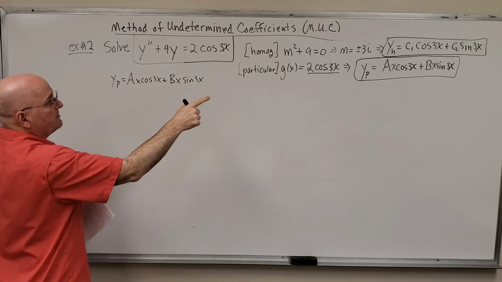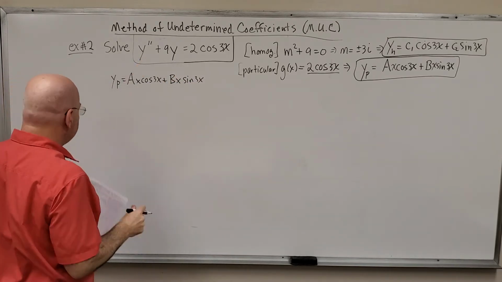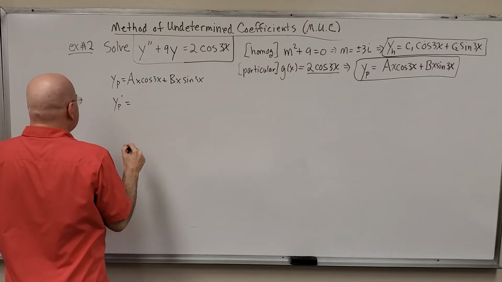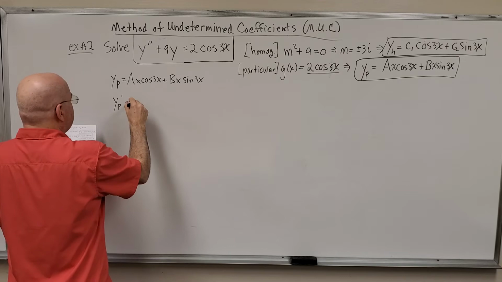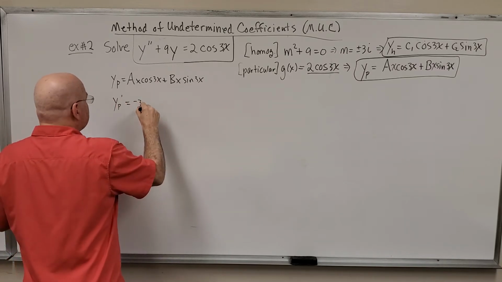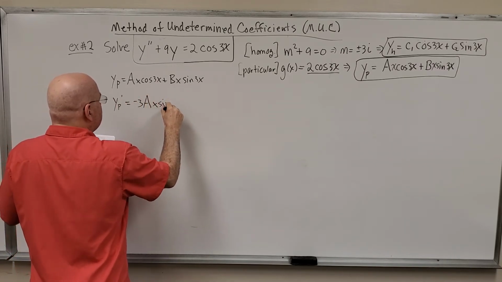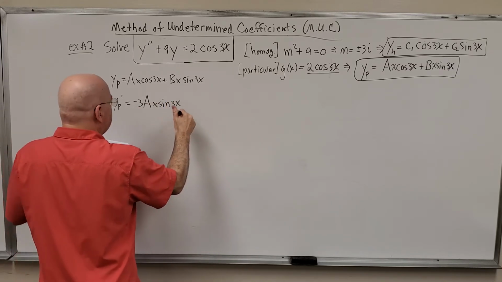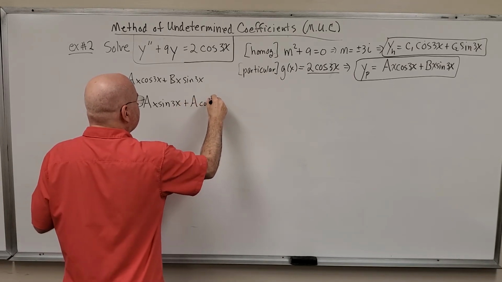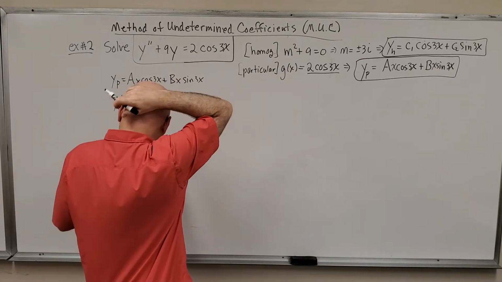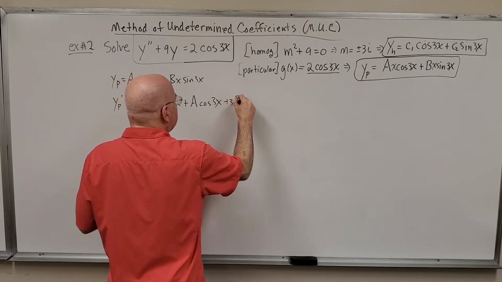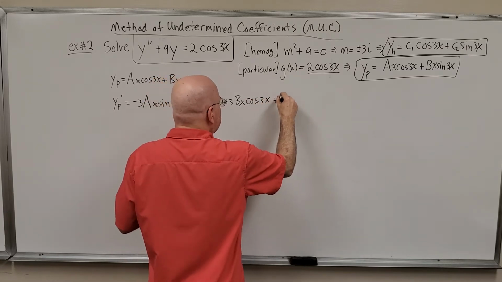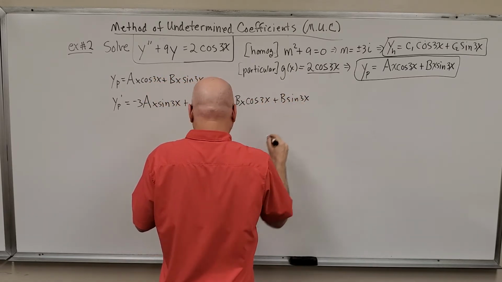And underneath it, I'm going to do all the derivatives down to the second derivative. yp prime is going to be negative 3Ax sine 3x plus A cosine 3x, and then the derivative of the second one is going to give us plus 3Bx cosine 3x plus B sine 3x.